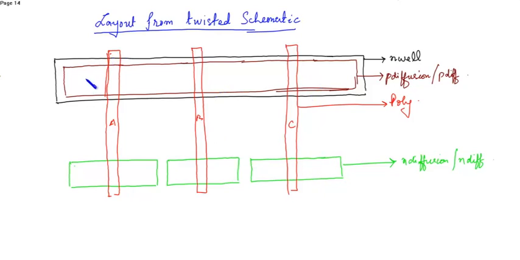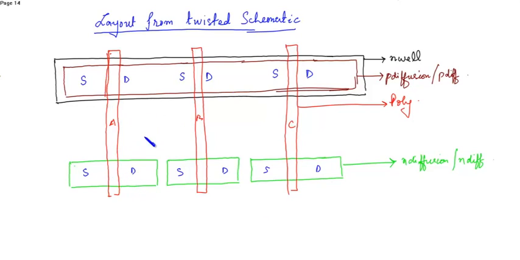This is the source of the first PMOS, drain of first PMOS, source of second PMOS, drain of second PMOS, source of third PMOS, drain of third PMOS. Similarly, source, drain, and source, drain. These are the gate terminals that are already connected with the help of poly layer.